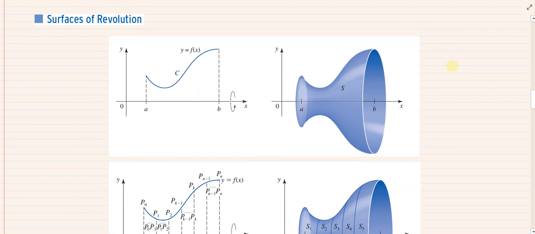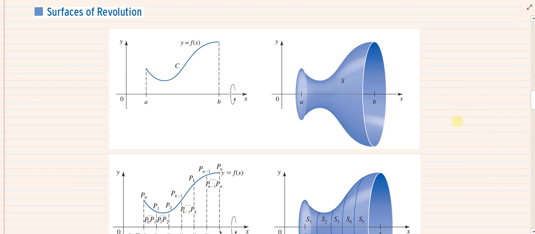Next, we're going to look at the notion of surface of revolution. We've done the volume of a solid of revolution before. Now we actually look at surface of revolution. That means the surface that's on the outside, not the volume that's inside.